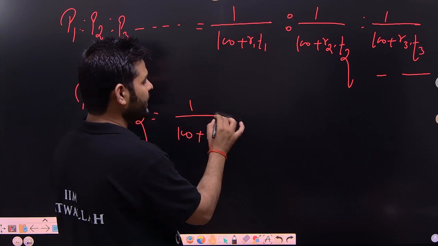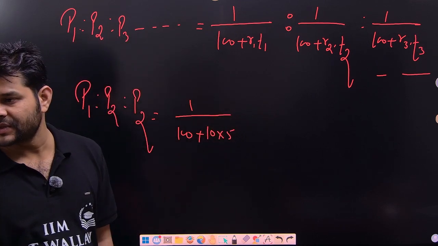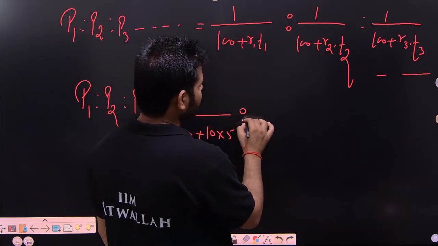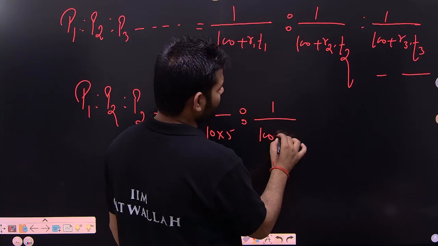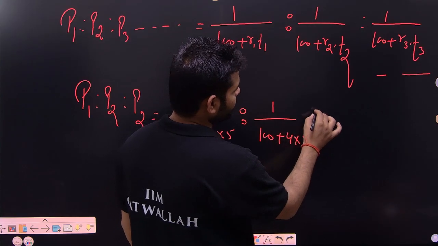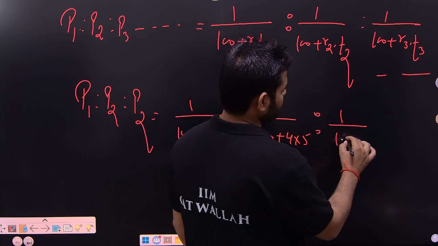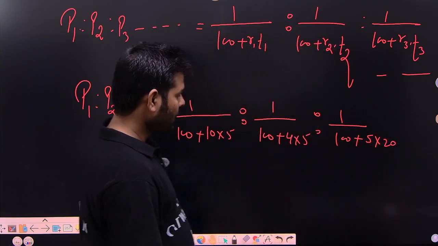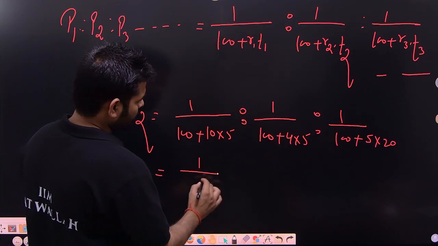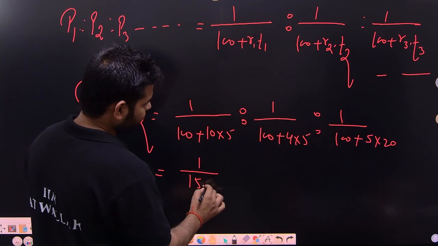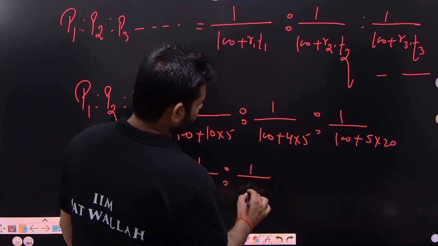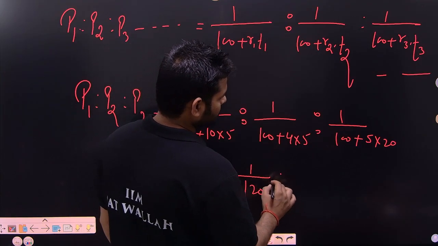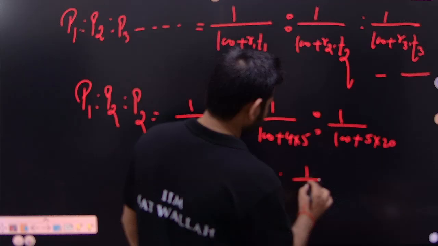I'm talking about the first question of type 11. The second part is 4% for 5 years, and the third part is 5% for 20 years. So that would be 150, 120, and 200.